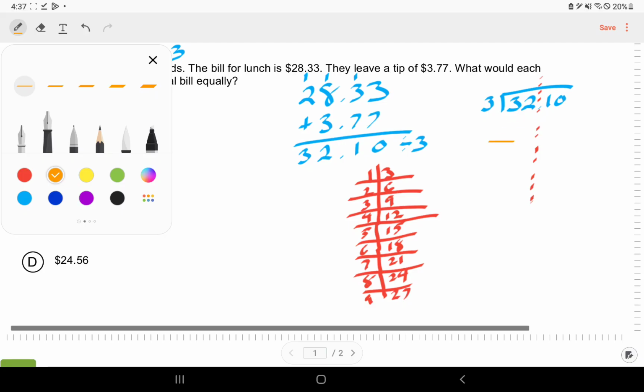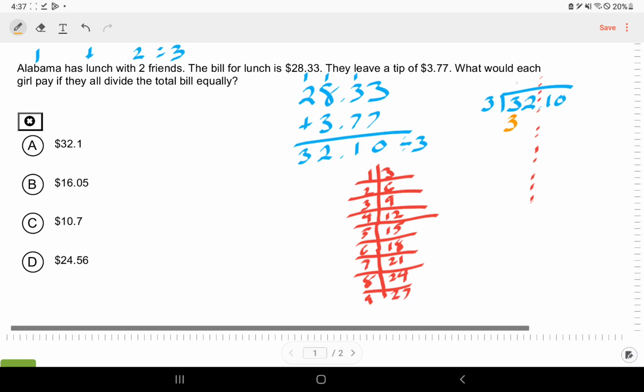Well, so if I'm looking at this, I say closest I can get to 3 without going over is 3. So I put a 1 there. I subtract, I bring down my 2. Well, if I use 1, that's going over, so it can't go in. I bring down my 1.